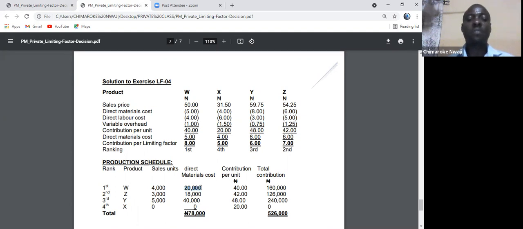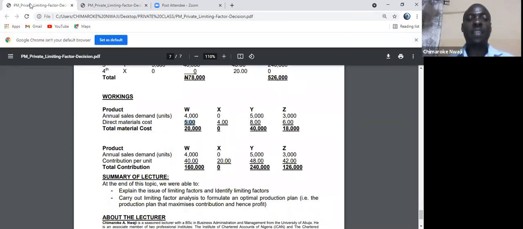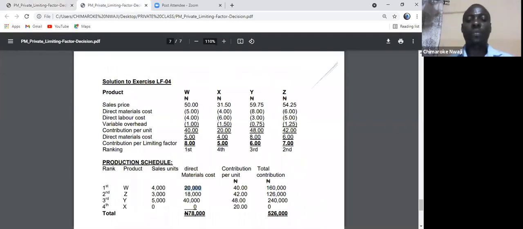Then product Z is next. We need 3,000 of product Z, and when you multiply it by the cost of 6 naira, that gives you 18,000.